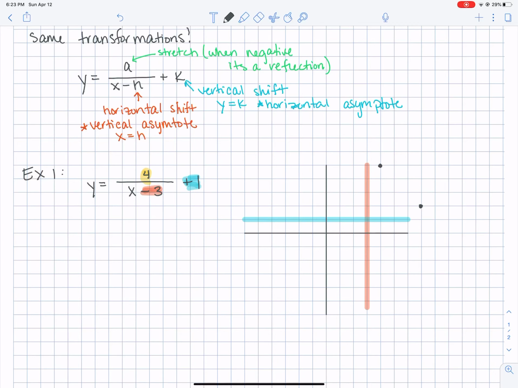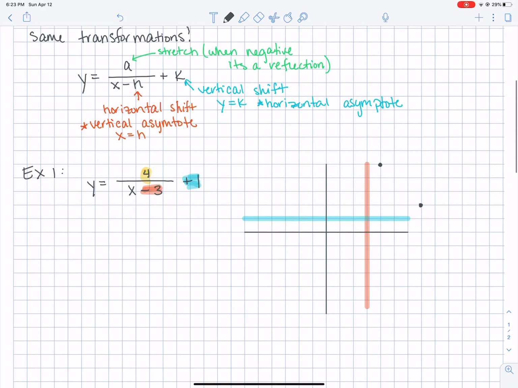All right, but here's an interesting thing about these: this point here in the middle of them ends up being the square root of a, or for us, this ends up being the square root of 4, also known as 2. So for us, it goes over 2, up 2.